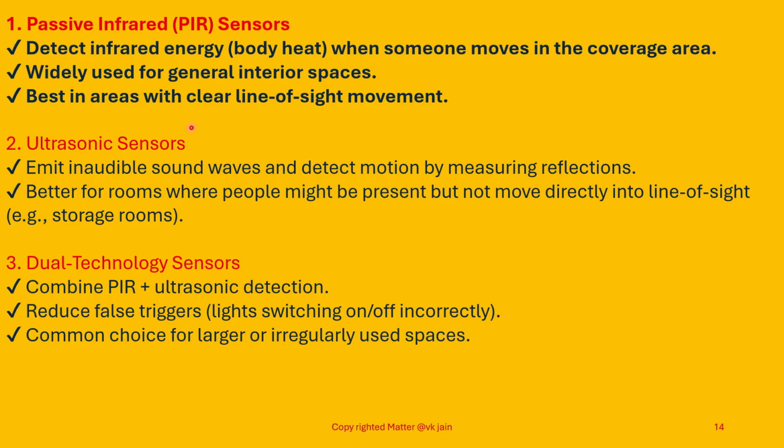Friends, we will discuss the characteristic features of three different types of sensors that are suitable to ECSBC code of 2024. First one, passive infrared PIR sensors detect infrared energy, that is body heat, when someone moves in the coverage area.